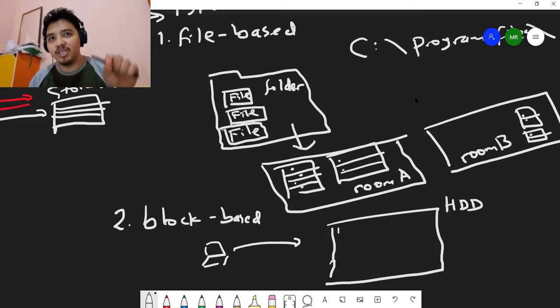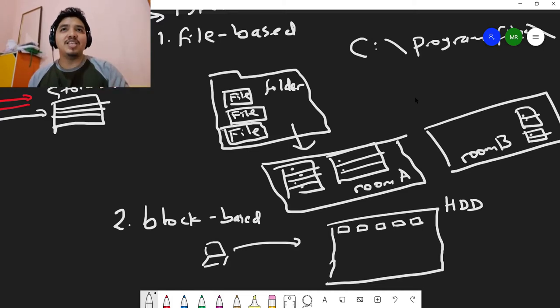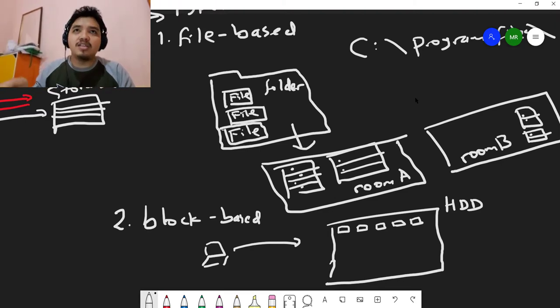But with block-based storage, if you have very big data, it can be unclustered, spread around the hard drive, somewhere around the corner, somewhere around the middle. That's why we have defragmenting, to handle that unclustered data.